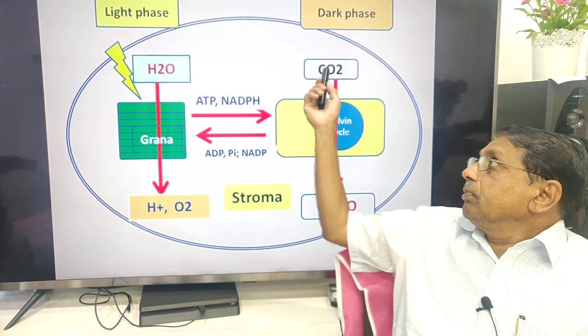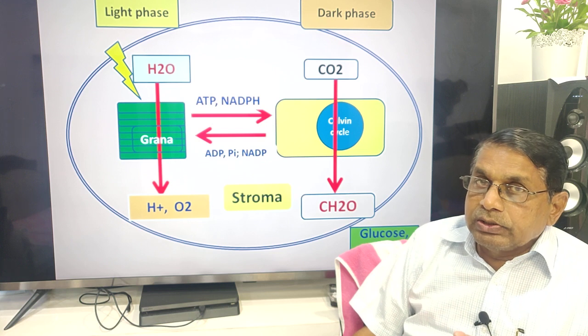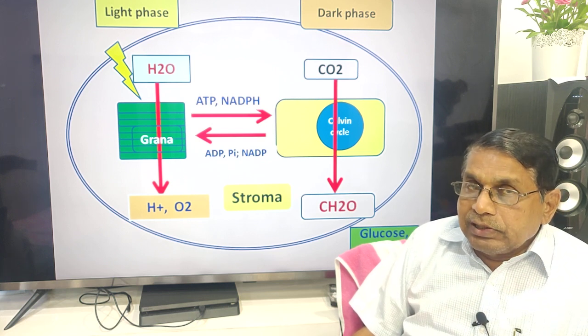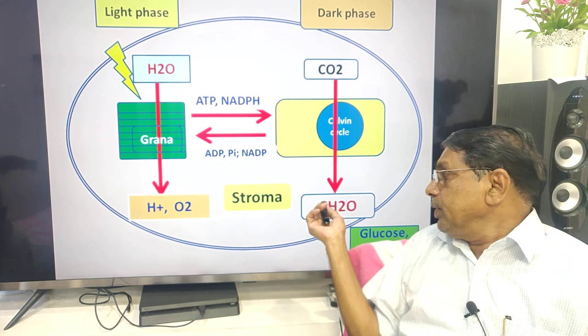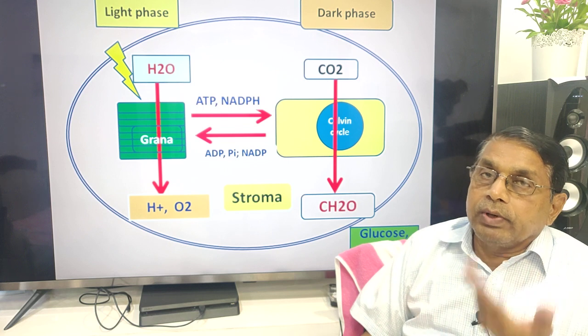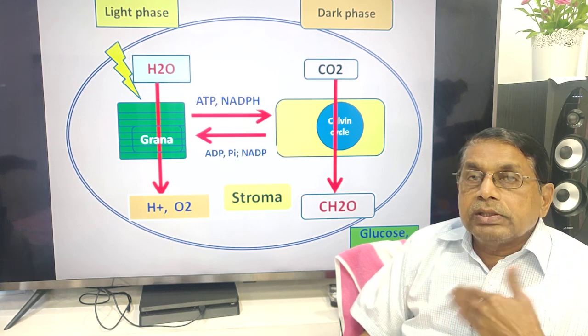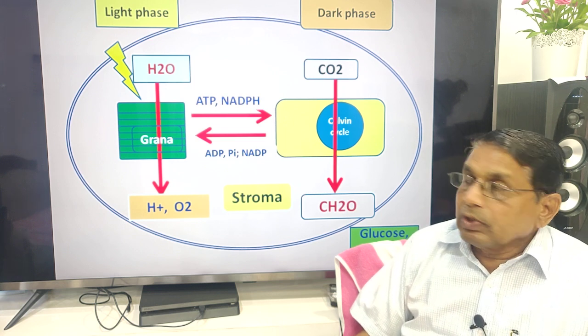You see here, carbon dioxide, which is in the oxidized state, which is inorganic, which is energy less or energy poor, is converted to a carbohydrate that is organic, that is energy rich, that is a reduced compound.